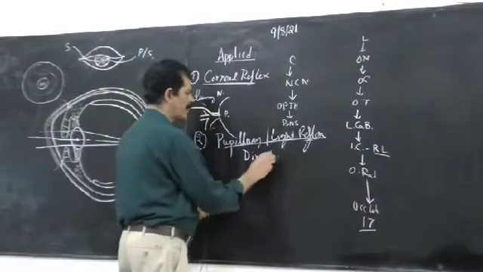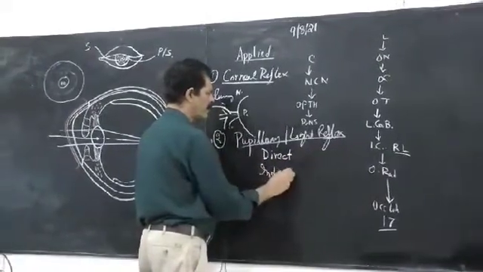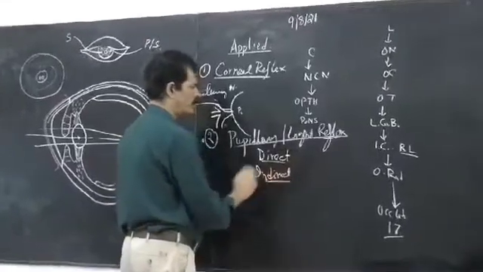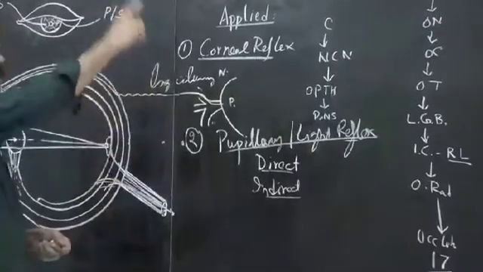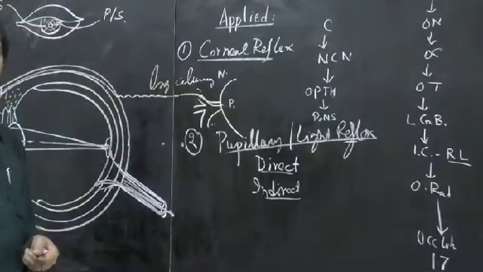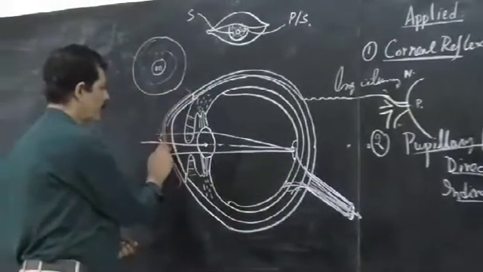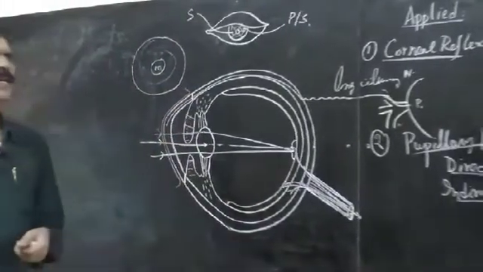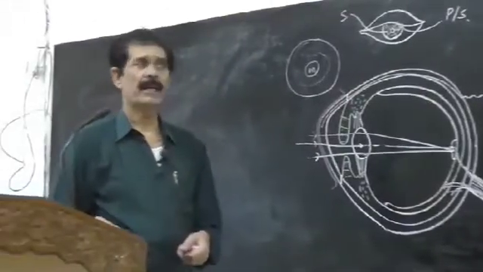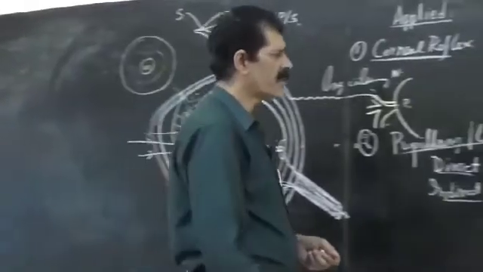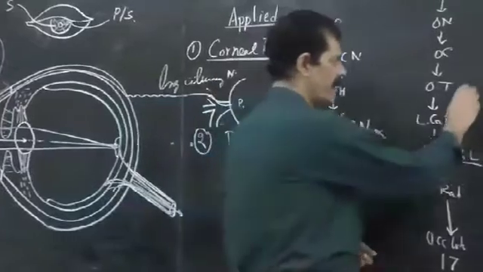One is direct, the other is indirect. This is how the vision is there in this part. And another part is that when the light enters, in response to the light our pupil reacts with constriction or dilatation. And what is that afferent impulse?